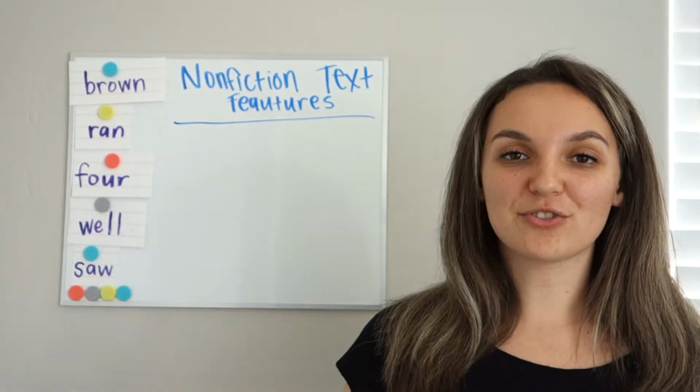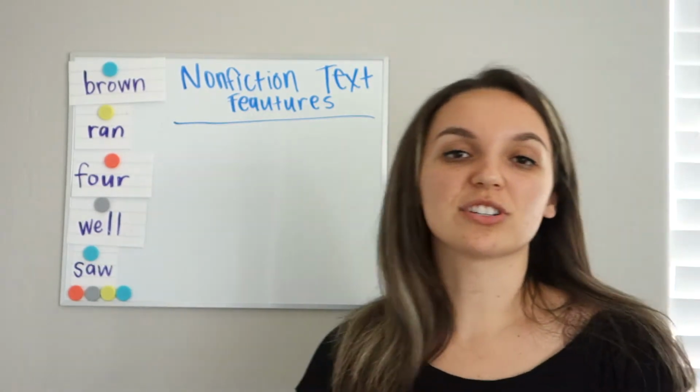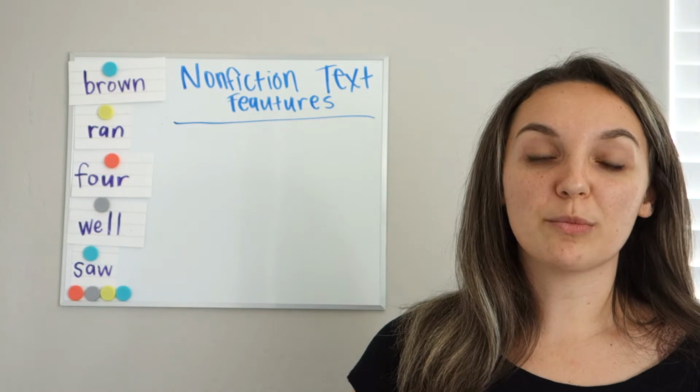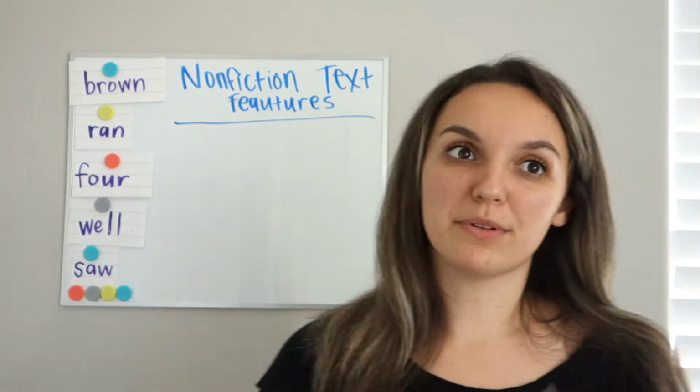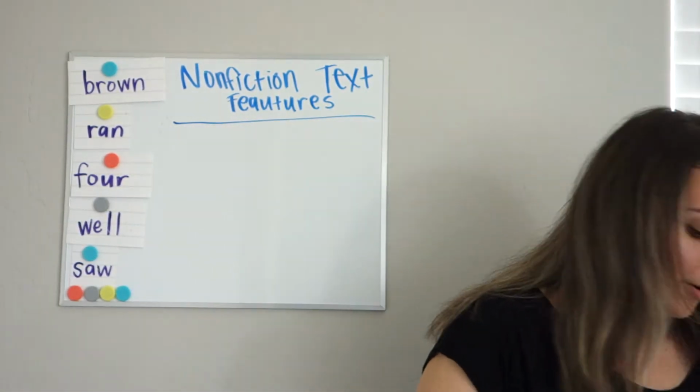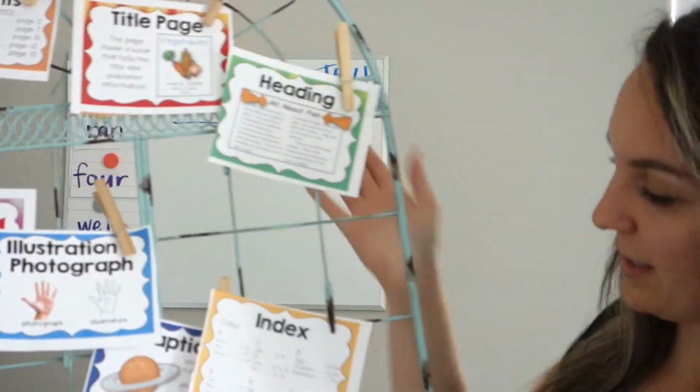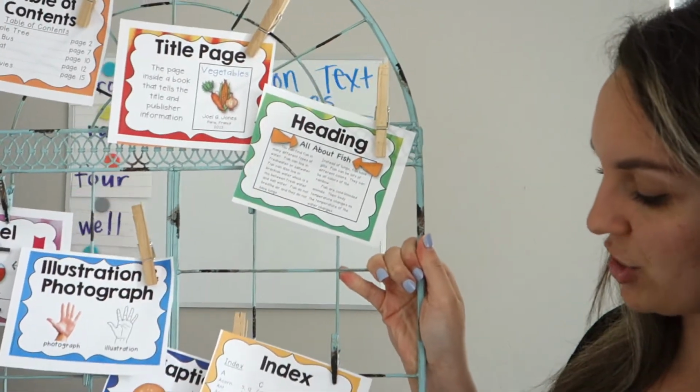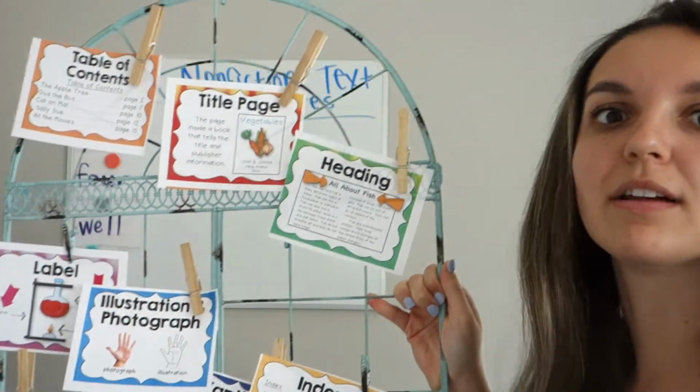Alright, now that you finished writing nonfiction text features, I want us to just review them really quick so that you guys can remember them in your brain. So here is what we made a couple days ago. So here are some nonfiction text features that we need to be on the lookout for, alright?